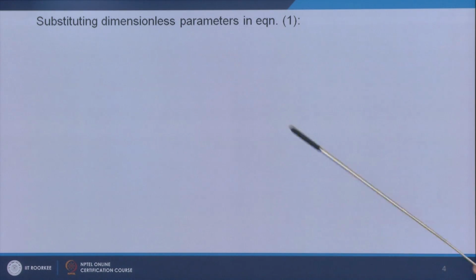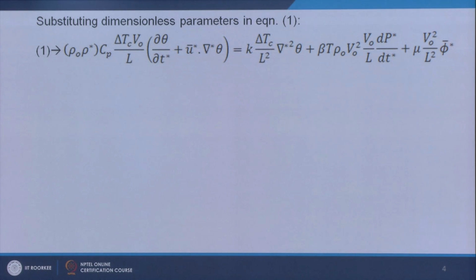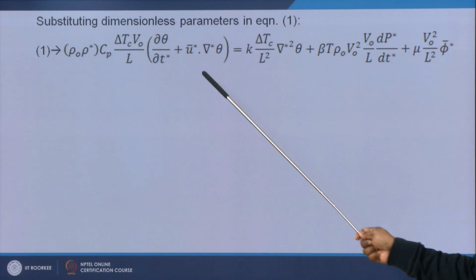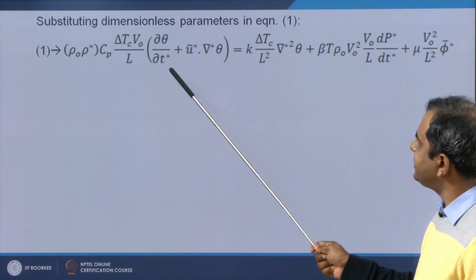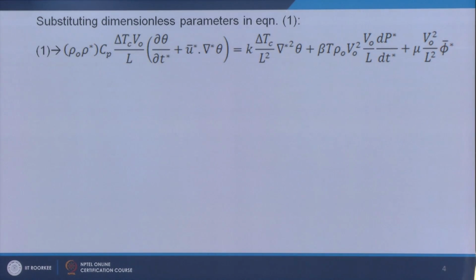If we substitute all those non-dimensional parameters in equation 1, which I showed you in the previous slide, we get this type of equation. For the convection term, we have rho naught into rho star after non-dimensionalization. T became theta, so as a result delta Tc came over here.